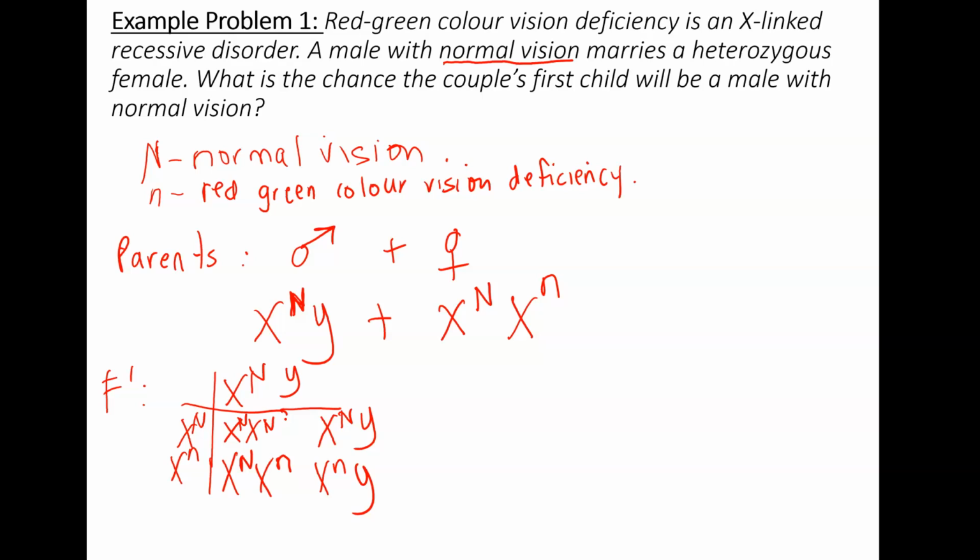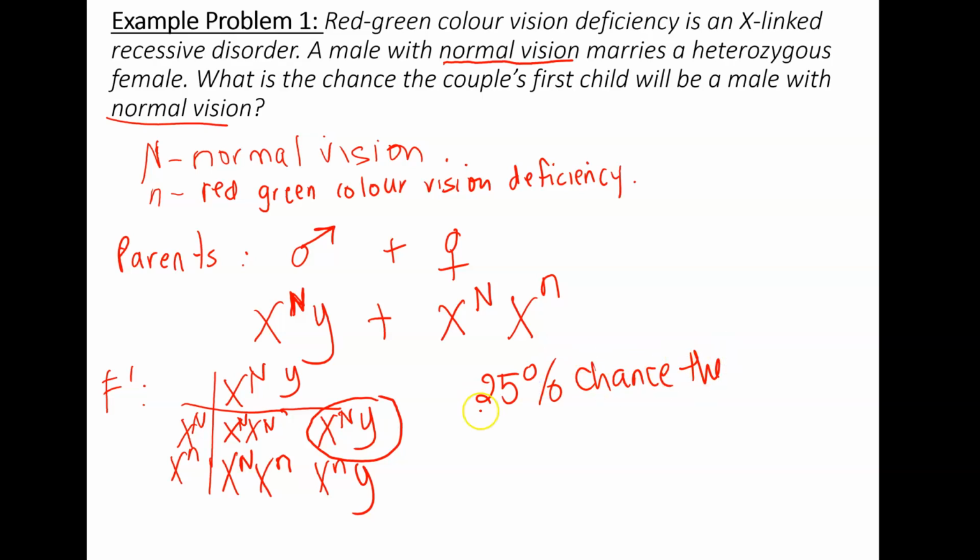So the question is, what is the chance the couple's first child will be a male with normal vision? This is your male with normal vision, and that is a 25% chance.